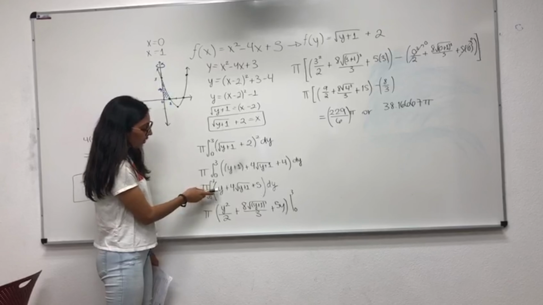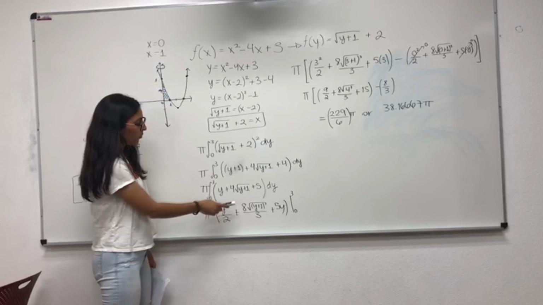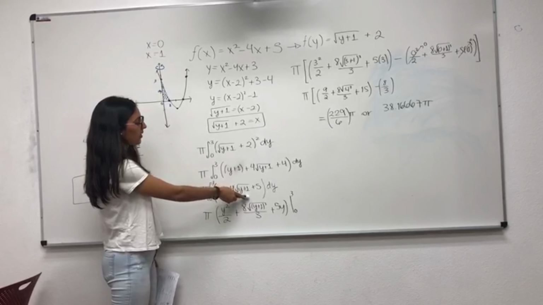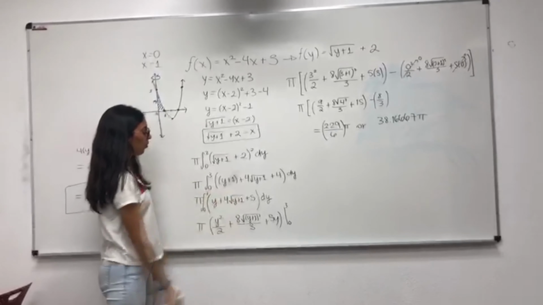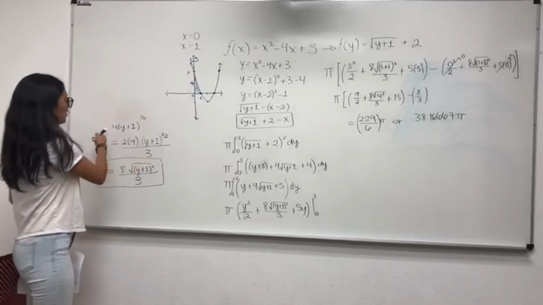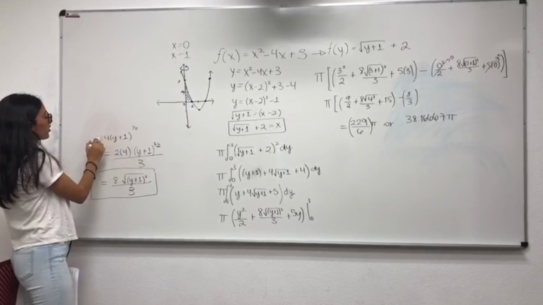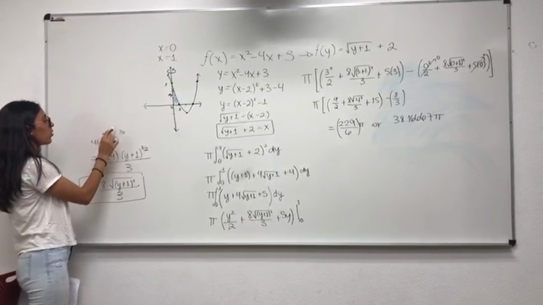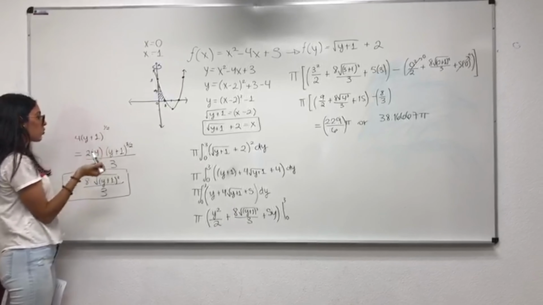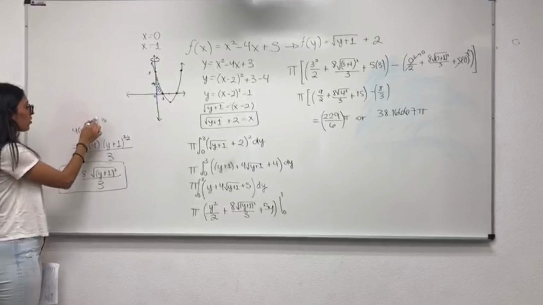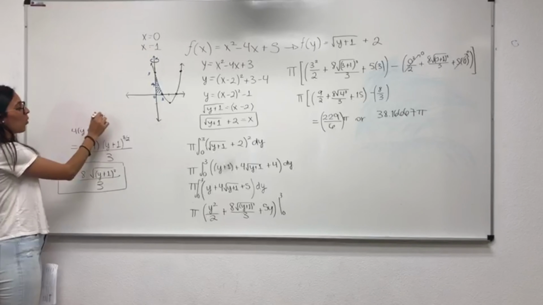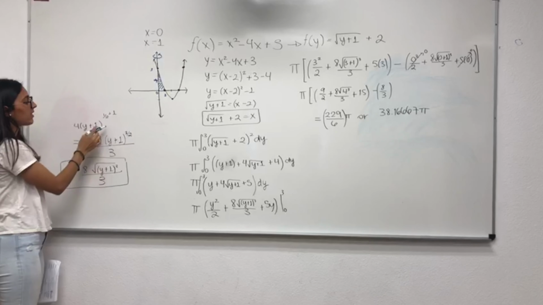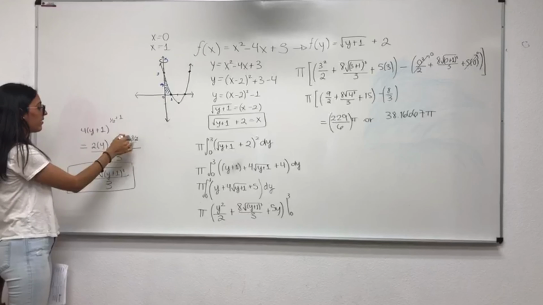So y squared over 2 plus, this one is a little bit harder to integrate. So here we have the function that is 4y times (y plus 1) to the 1/2, which is the same as a square root. So in order to do that, we will just add 1 to the 1/2, and that gives us a total of 3 halves.